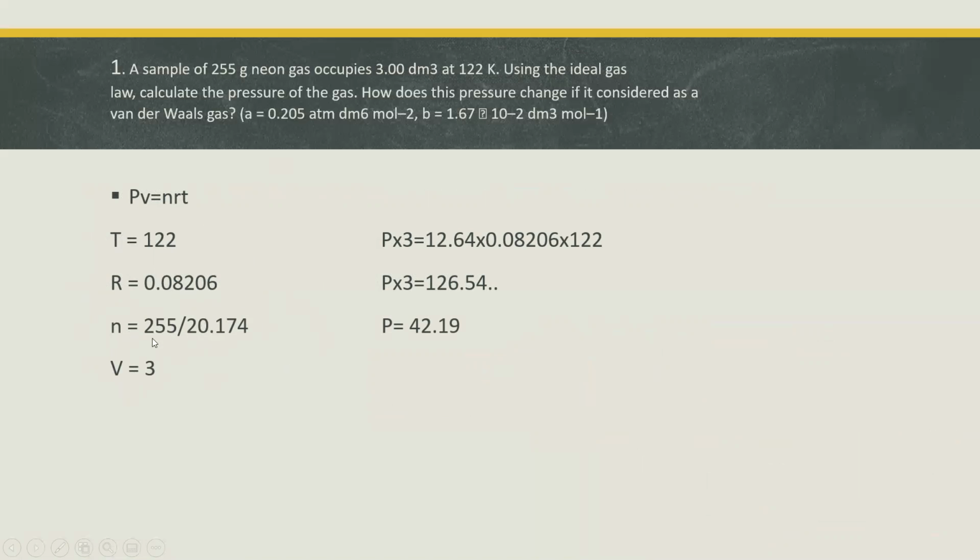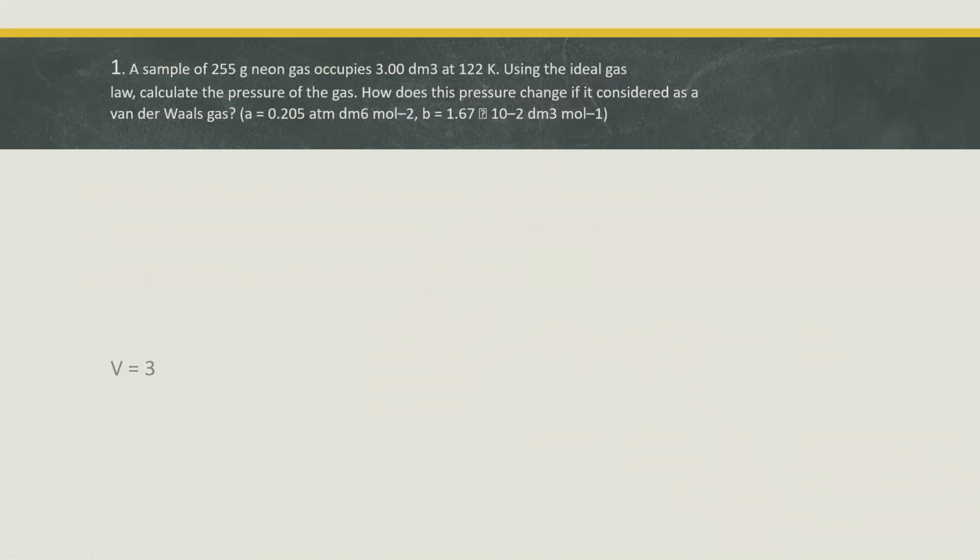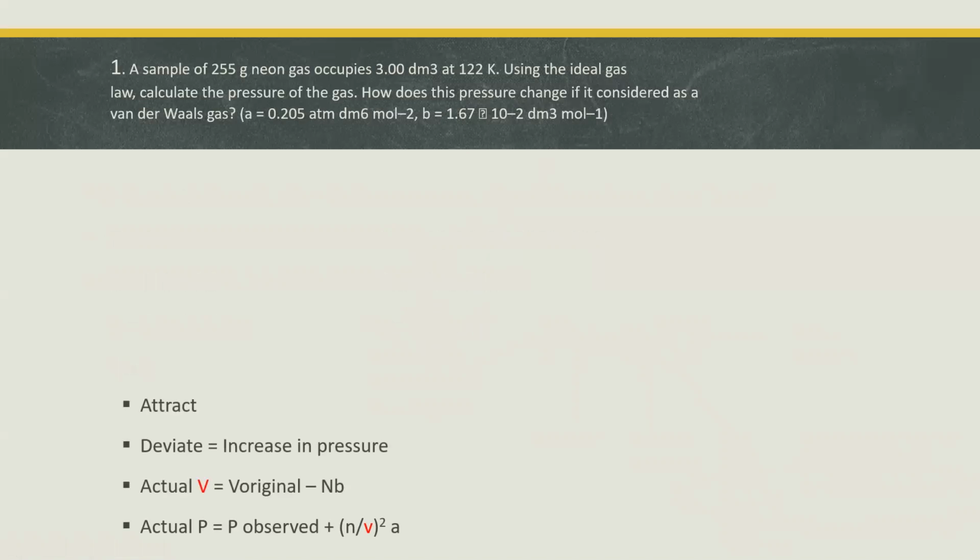Then we have the volume, which is 3. Shove it all in the equation, a bit of rearranging, and we get this number, which is 42.19 atmospheres. But the second part of the question is asking about it being a van der Waals gas. So if we get rid of all of this, we can now look at it as a van der Waals gas.